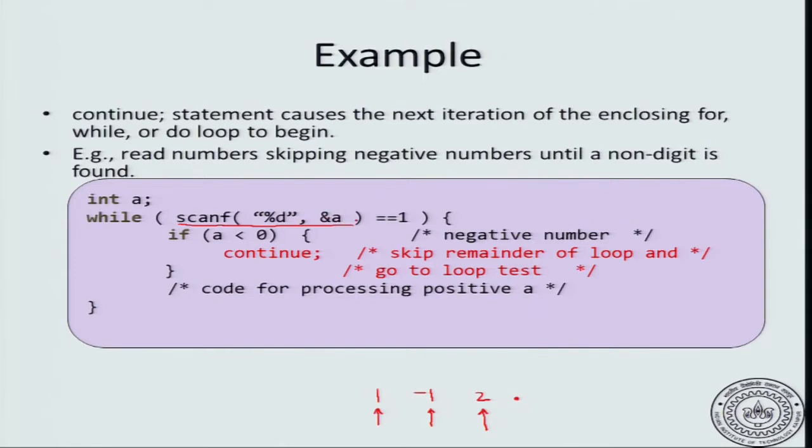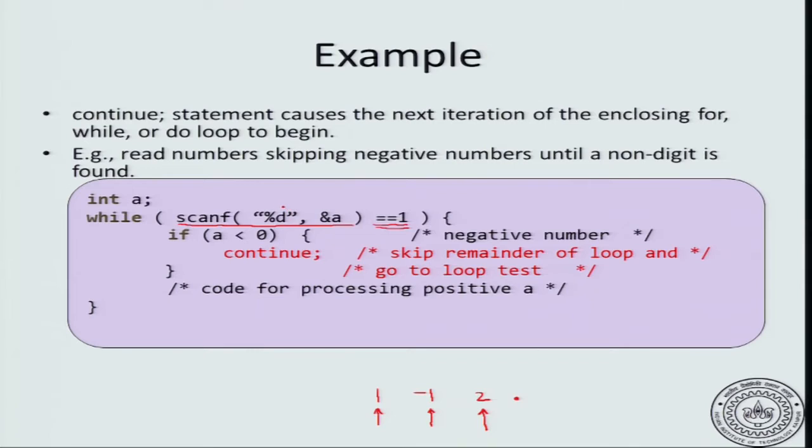We are already familiar with this, but what does equal to 1 mean? This is something that we have not encountered so far. The scanf statement has a return value. It gives you the number of inputs that were successfully read.